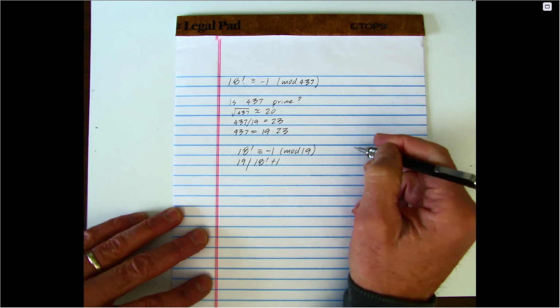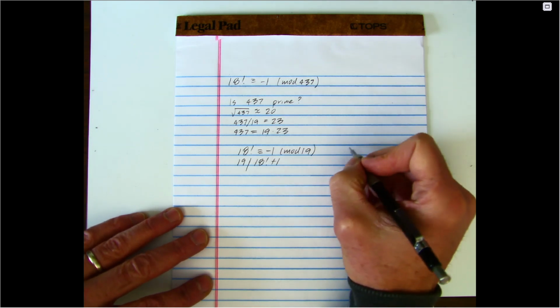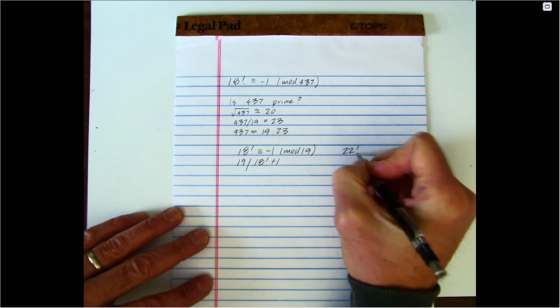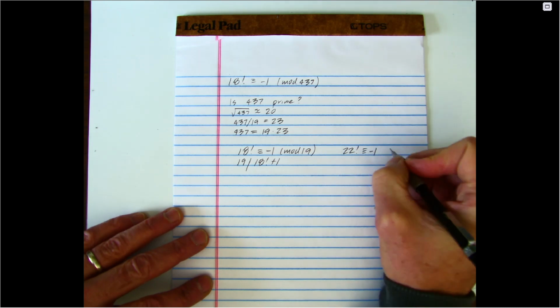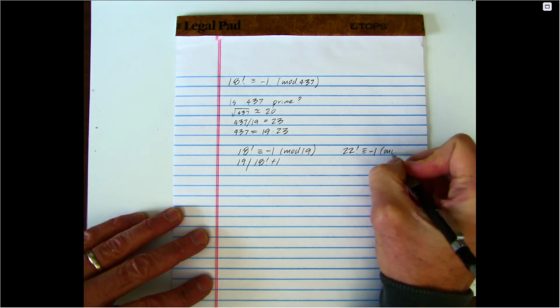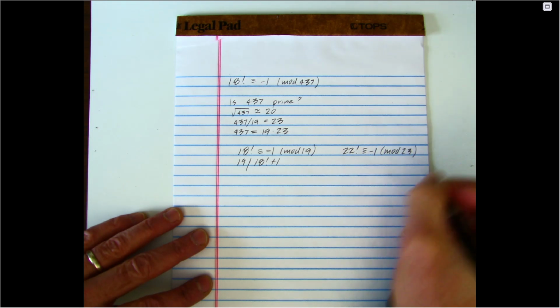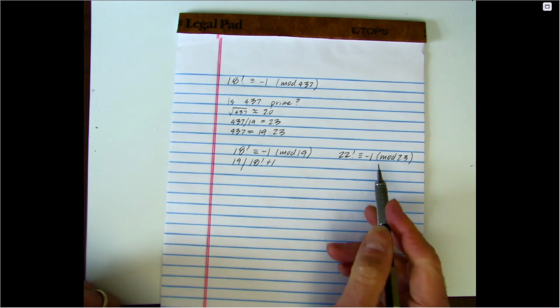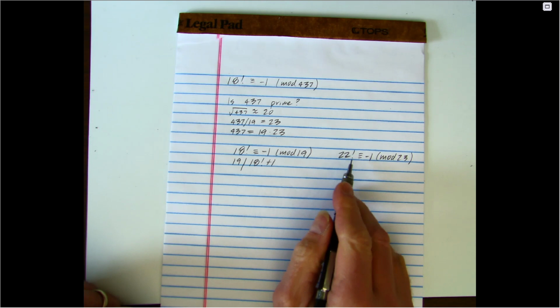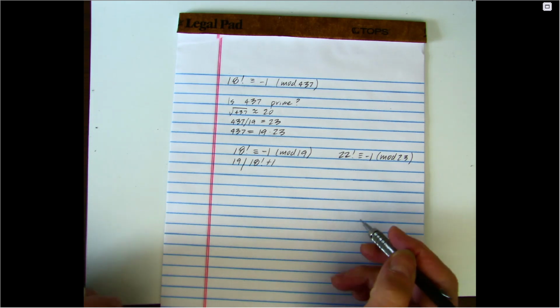For the 23 setting, what we have is that 22 factorial is congruent to -1 mod 23. And what we really need to get to is 18 factorial, not 22 factorial. So I would suggest that we just create it.